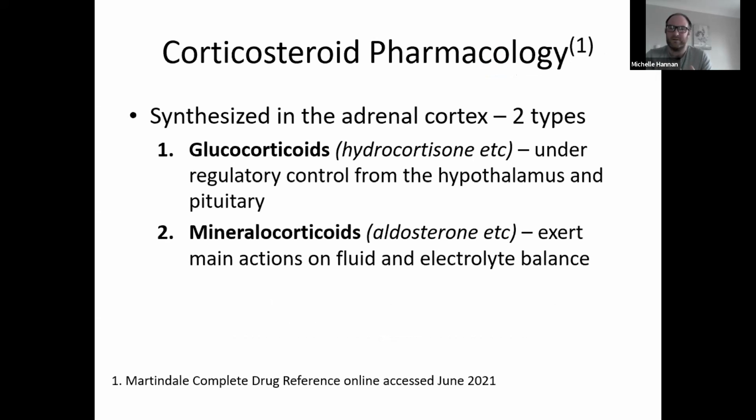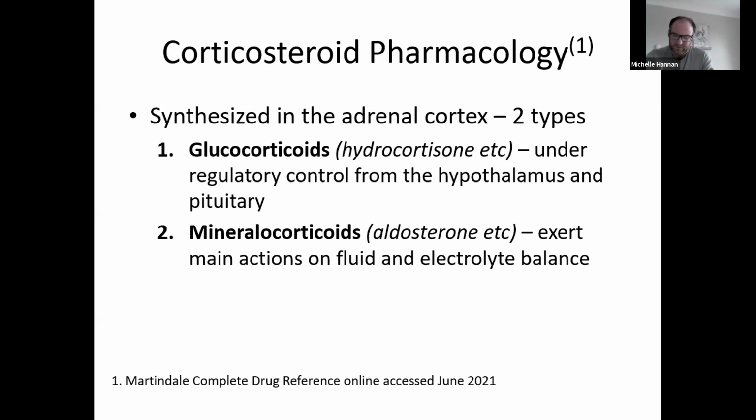They are synthesized in the adrenal cortex, and there are 2 different types of corticosteroids. We have glucocorticoids, such as hydrocortisone, and they are under regulatory control from the hypothalamus and the pituitary gland. And we also have mineralocorticoids, such as aldosterone, and they exert their main actions on fluid and electrolyte balance.